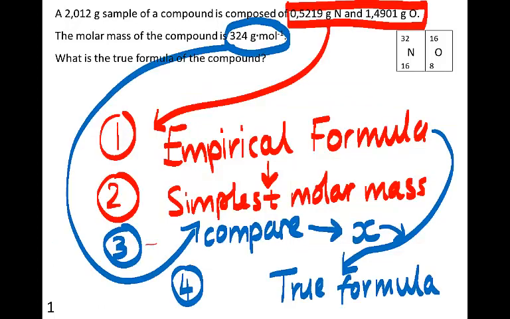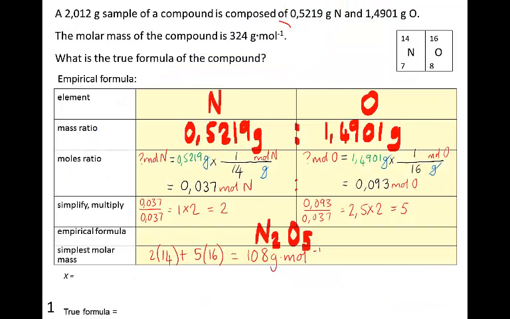So now we are on step 3. We need to compare the simplest molar mass with what we've been given as the true molar mass and find the factor by which they are different. So we see that they are not the same. This is the true molar mass. This is the simplest molar mass. They are not the same number as one another. So by what factor is this true molar mass greater than the simplest molar mass?